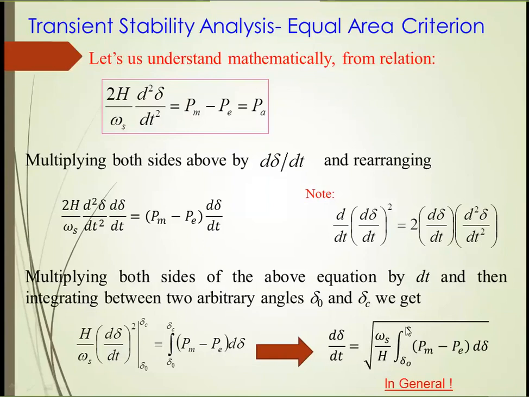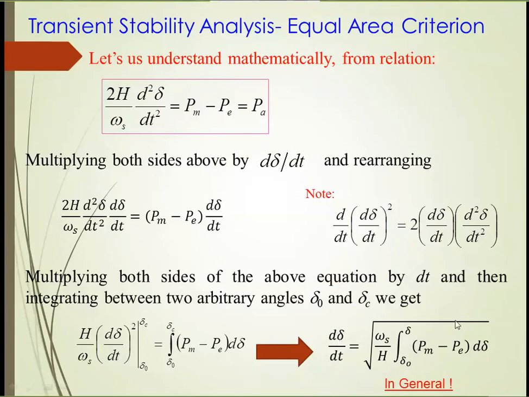And then what is the value of the integral area actually? Now, in this equation I have delta c here. At the moment, let us write delta only because delta c can be any. We will discuss in more detail later what delta c is. So in general, we write this rate of change of rotor angle position given by this relationship.